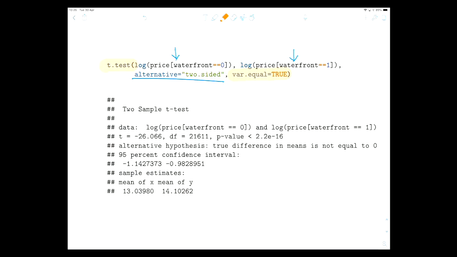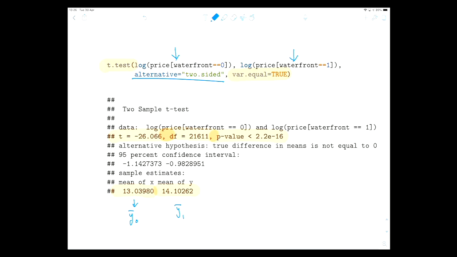Notice the output provides us with all the information. It gives us the test statistic, the degrees of freedom, the p-value. It also gives us the individual sample means. Notice these sample means are nothing but y bar 0 and y bar 1, as we got from our more direct evaluation.